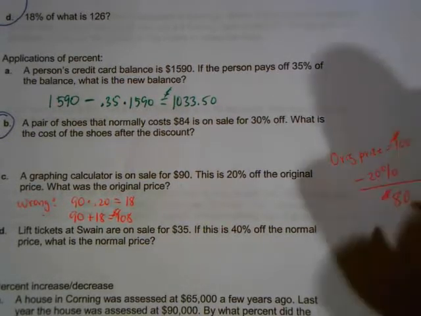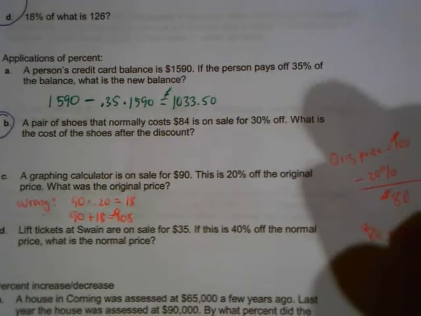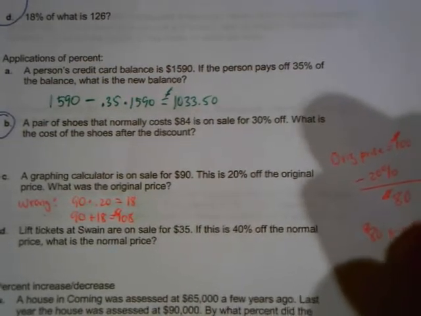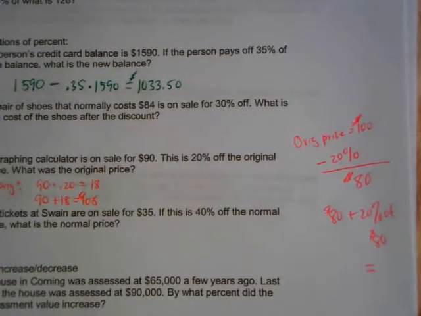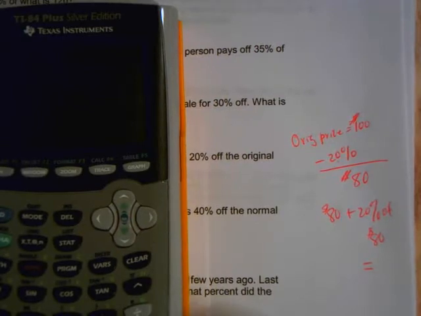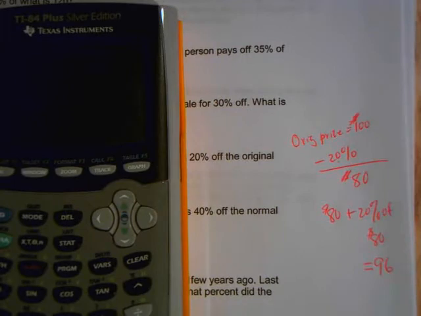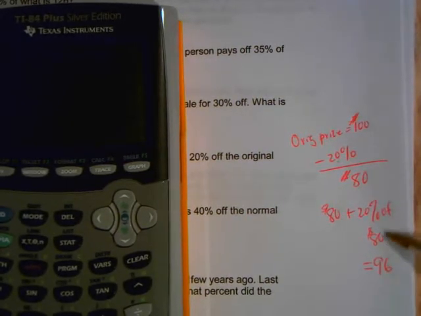If I add 20% back on, I'm not going to get back to $100 because 20% of $80 is only 16. So I would have 96. So notice when I take 20% of the original price, I get $20, where when I take 20% of the sale price, I only get $16. 20% off and 20% on are not opposites.